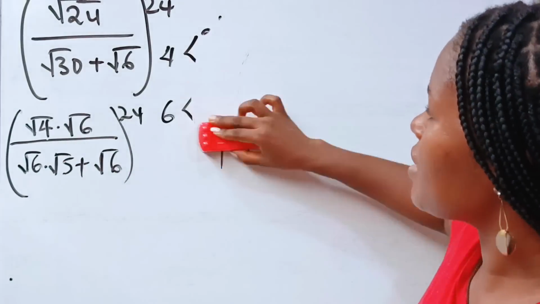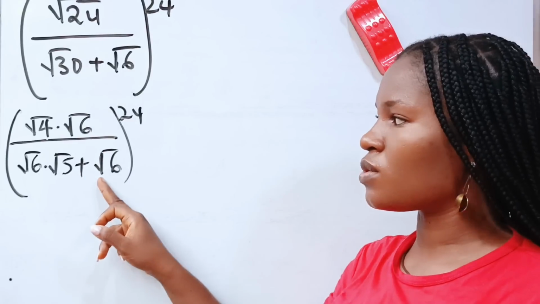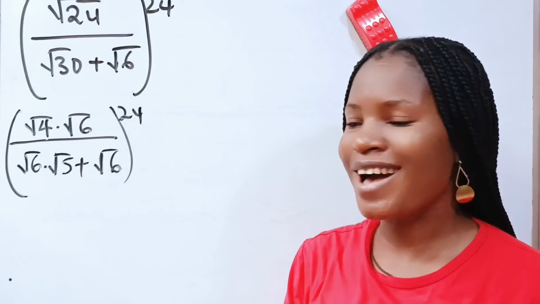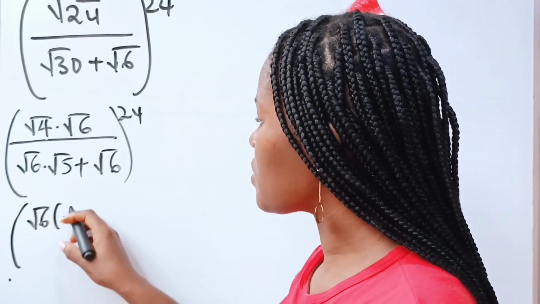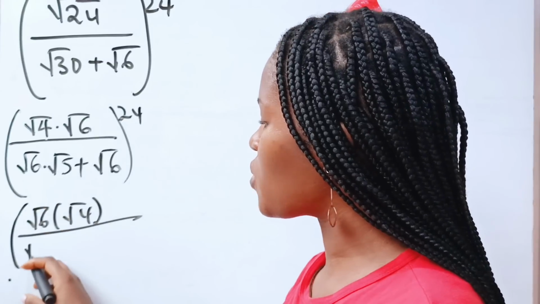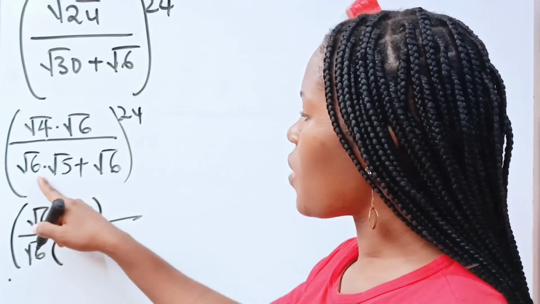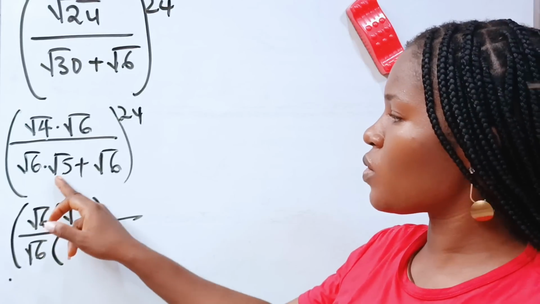All right, amazing. So we notice something here: root 6, root 6, root 6. So let's factorize that out. So we have square root of 6 multiplied by square root of 4, right? Divided by, let's factorize square root of 6 here. Now square root of 6 multiplied by square root of 5, divided by this, will give us square root of 5.